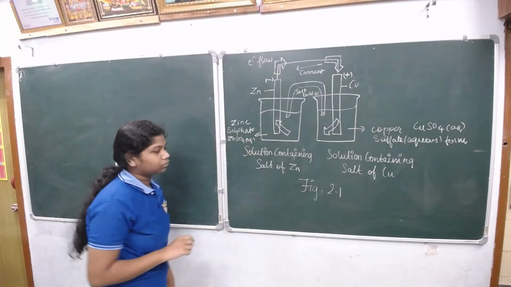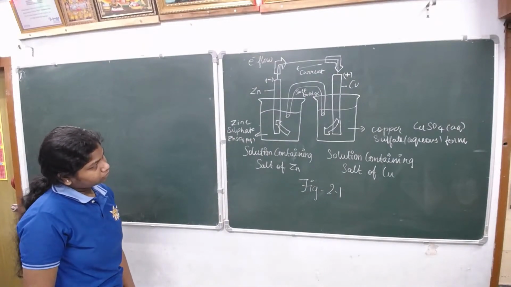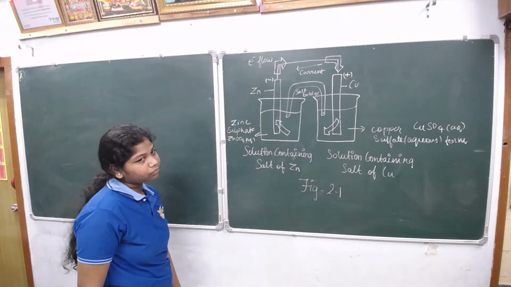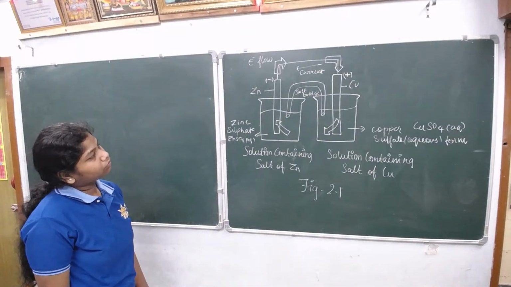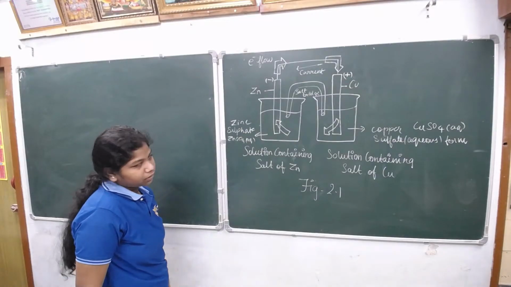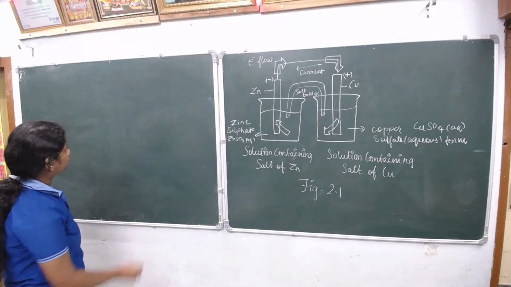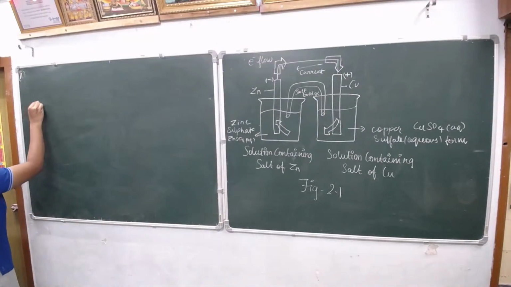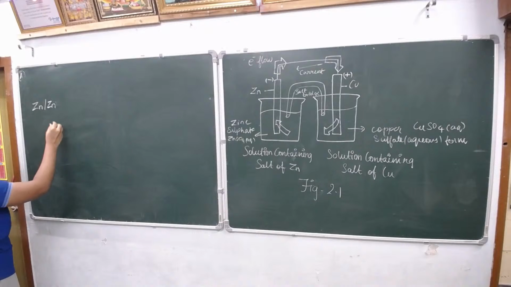Now listen, in this case you have got the zinc compartment, zinc rod dipped in zinc sulfate. On the other side, a copper rod dipped in copper sulfate. Can you represent this by a cell?